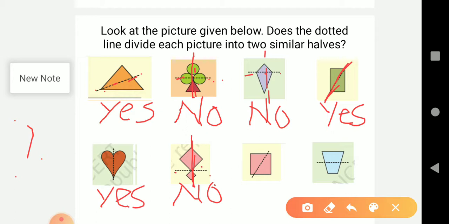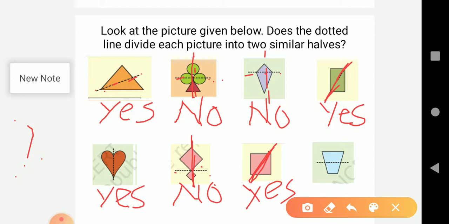Okay, then is this two equal halves? Yes. Okay, so we write yes for 8, because when we draw a line, we divide the given square into two equal halves.